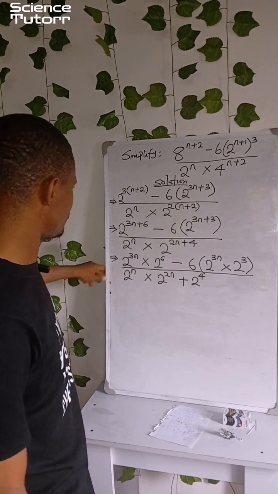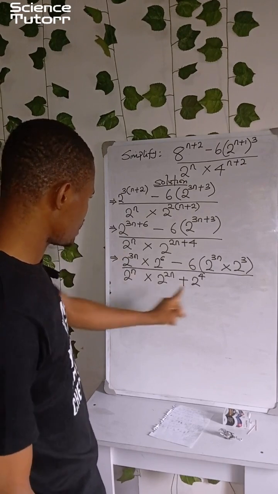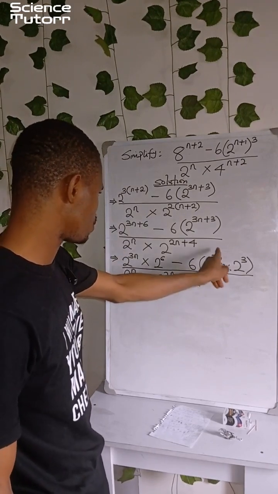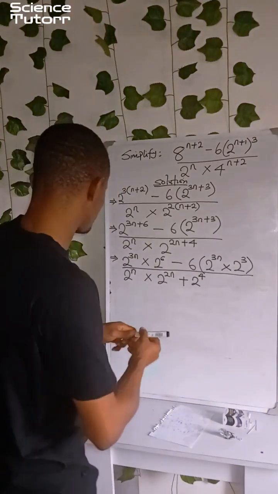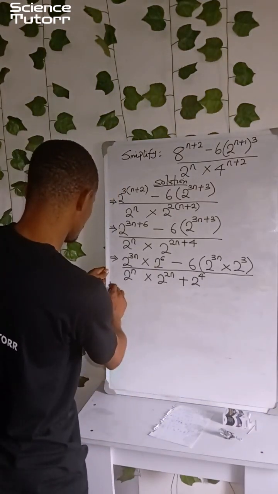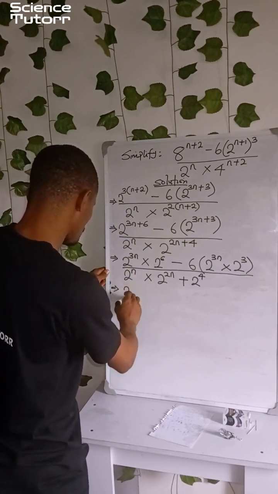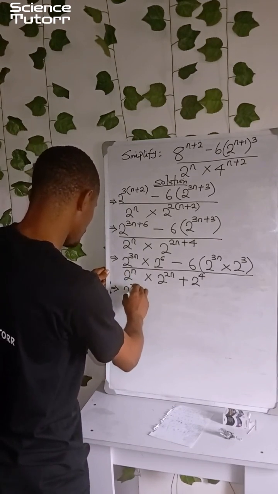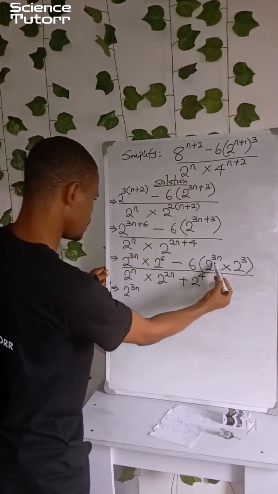Yes, we can. This is 2 raised to power 3n. And in here we also have 2 raised to power 3n, so we can collect like terms. So let's bring out like terms from the numerator. From the numerator we have 2 raised to power 3n to be common, which is this, and this.